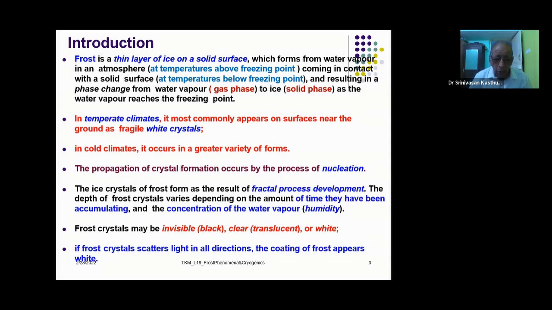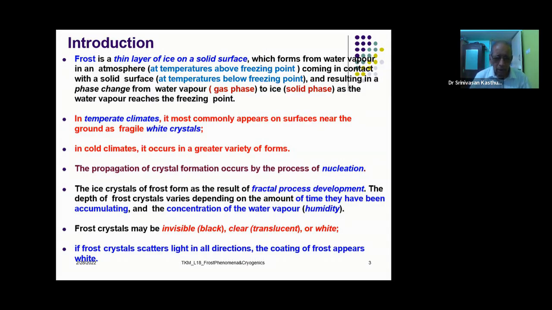Now, this ice crystal formation happens by a process called nucleation. Once nucleation occurs, the crystal structure forms from there, and ice crystals keep forming one over the other. Mathematically, one can think of the ice crystals of frost in terms of what is called fractal process development.